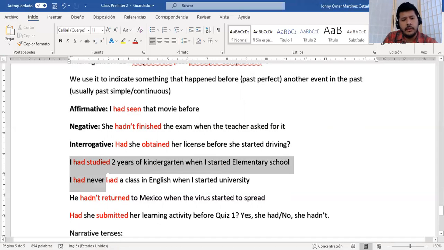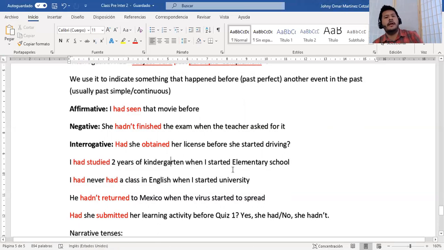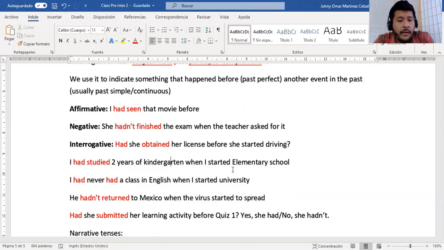Actually, these sentences are about me, okay? So yes, I just studied two years and then I started elementary school. I had never had a class in English when I started university. That's another fact. So I started English in middle school and then in high school, but my classes were in Spanish.